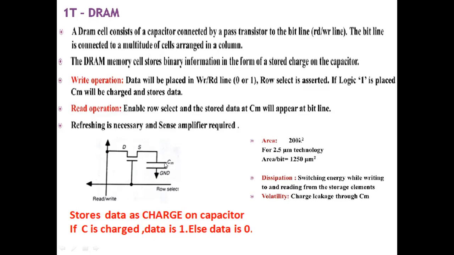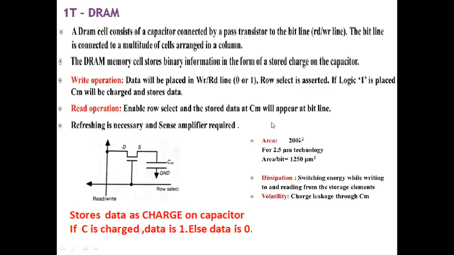Because you cannot expect the capacitor to hold the charge forever. Hence I need to go for refreshing, or reloading the same data again and again periodically, so as to retain the data stored in the capacitor. For this I need a refreshing circuit, and sense amplifiers are also required.